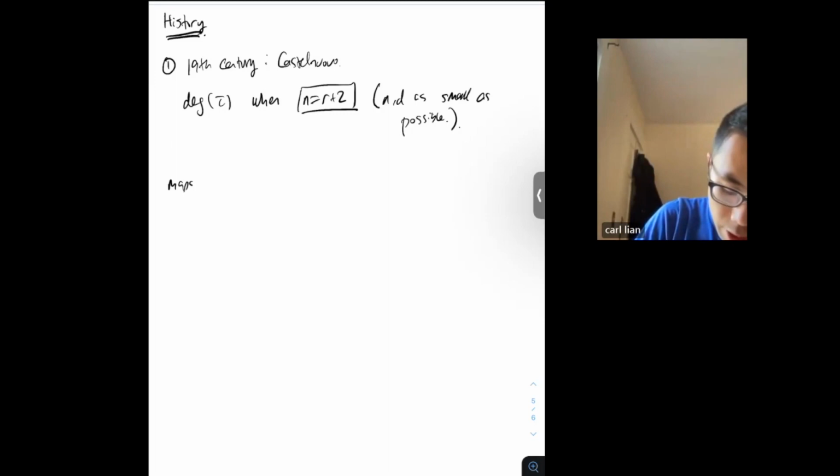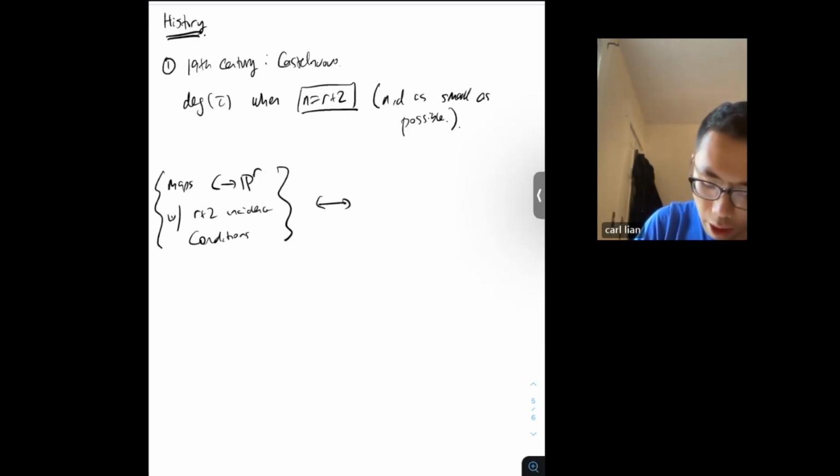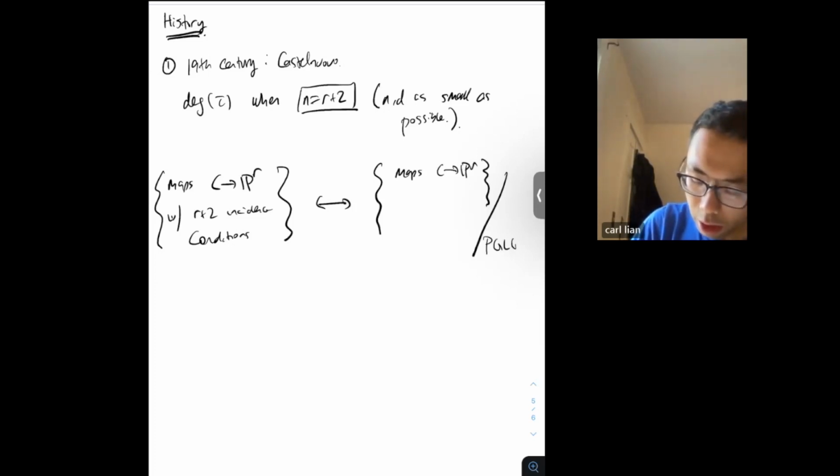So maps from C to P^r with r plus 2 incidence conditions. This is really the same thing as maps from C to P^r mod PGL_{r+1}.